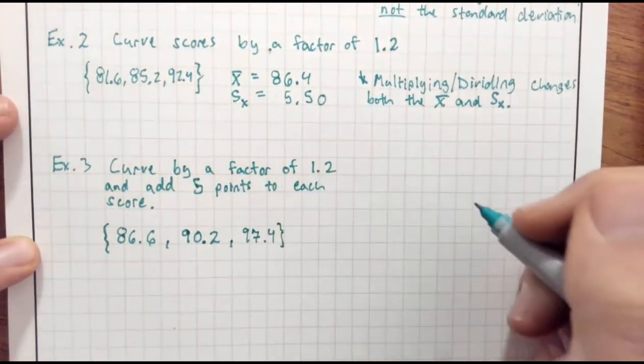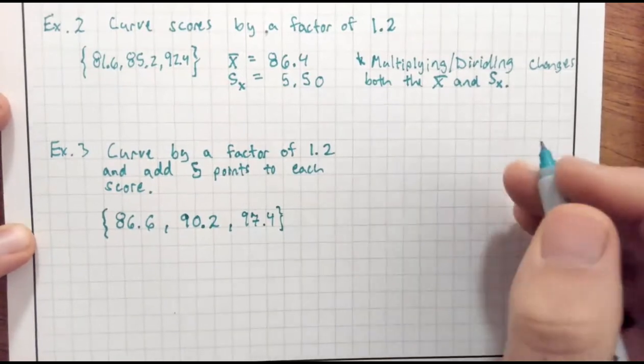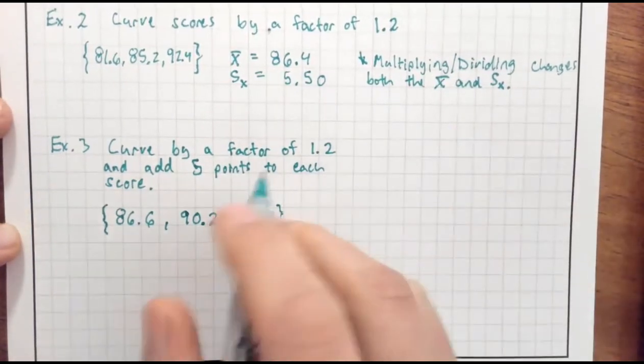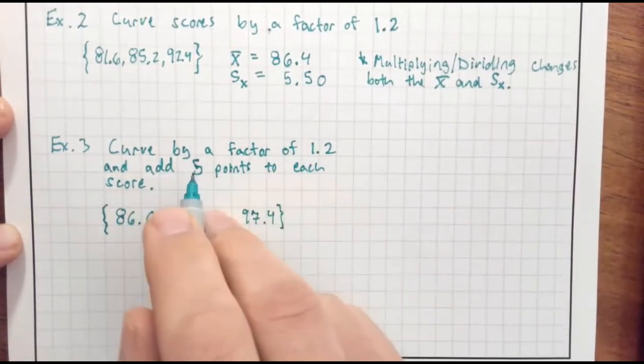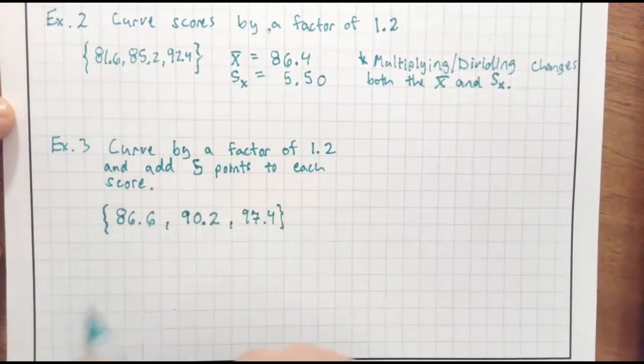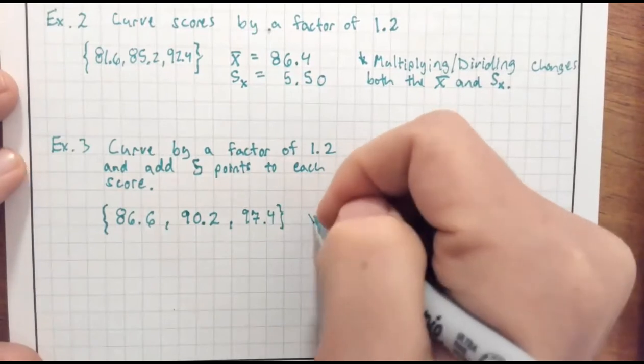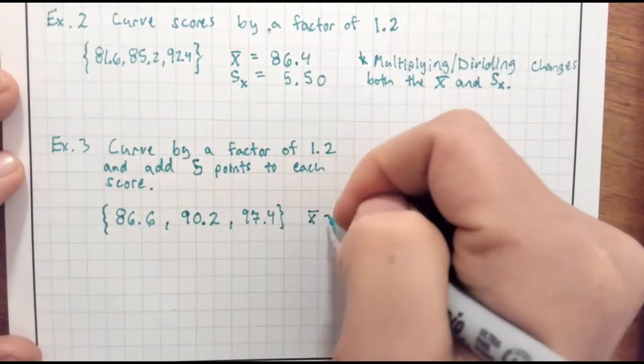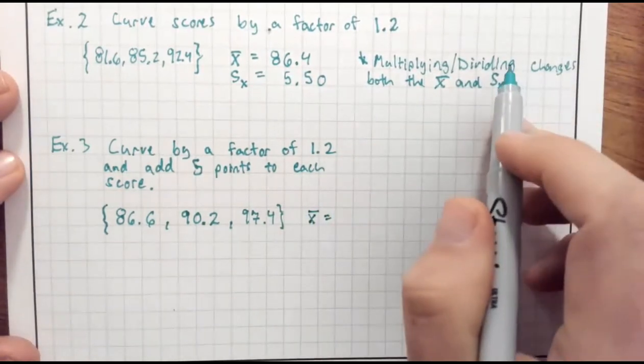So for these statistics here, it might even be good practice thinking about which one of these affects the mean and the standard deviation, or both, or even either. So the x-bar gets changed, right?